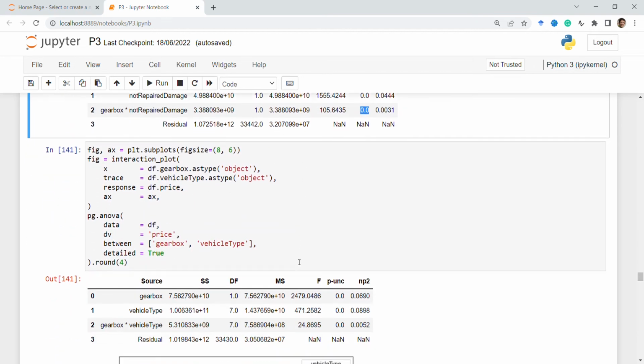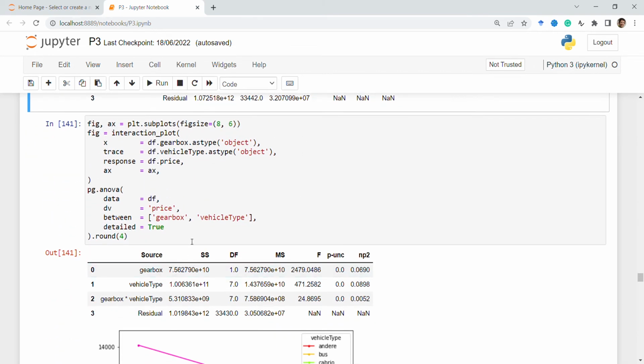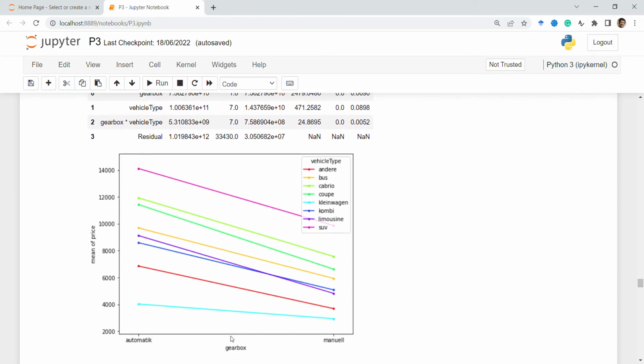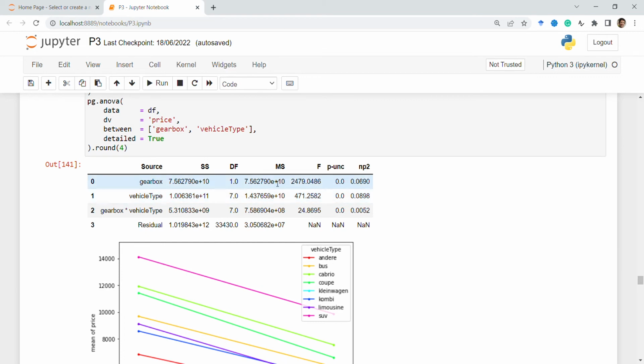Okay. And what about gearbox and vehicle type? So again, we see that there are differences by vehicle types, there are differences between gearbox, and not all the slopes are the same, so probably this is also significant. And again, we get the same result. So gearbox is extremely important, vehicle type not that much, and there is an interaction that is significant, but it is very, very weak, as we can see here.